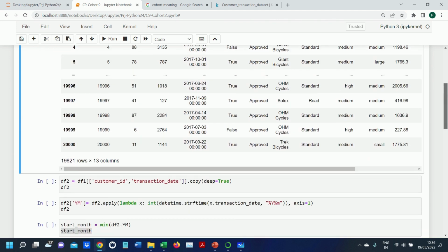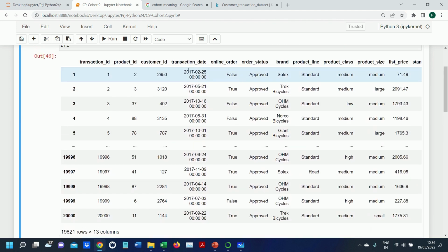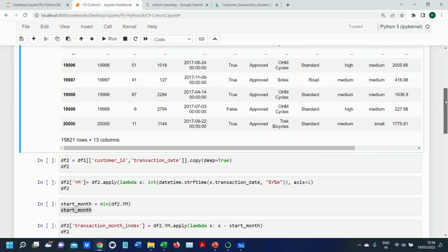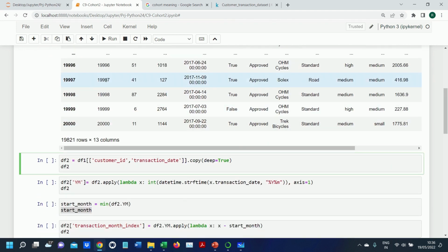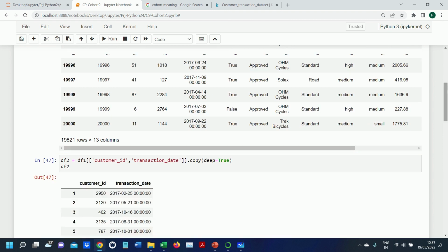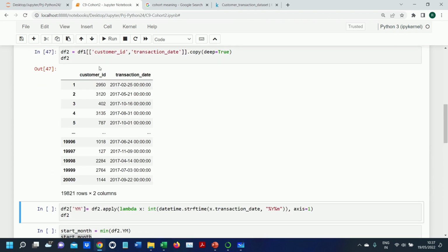Let's find out now. These are the two fields of interest which are sufficient for us to perform cohort analysis and find out how the customers are behaving in their subsequent months. So what we are doing here is taking only those two columns into another data frame, so this contains only the customer ID and the transaction date.